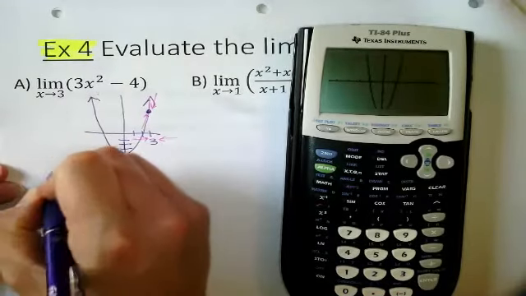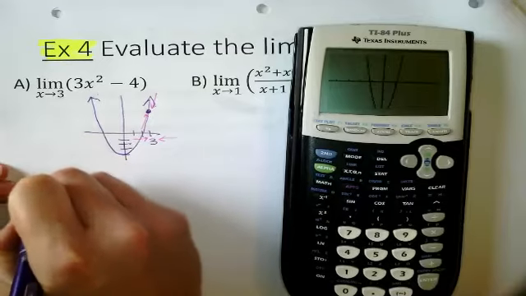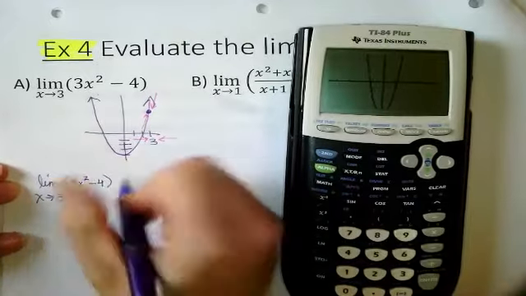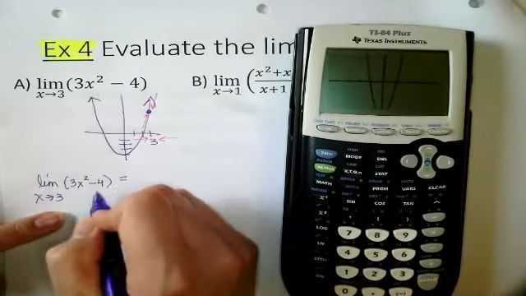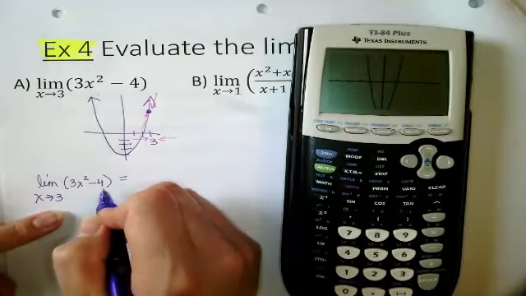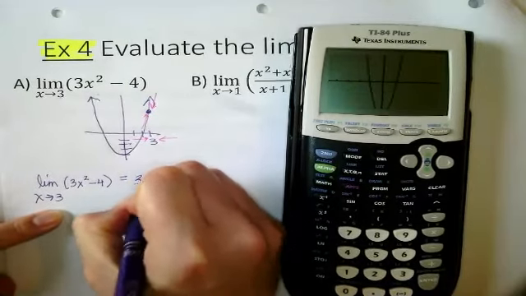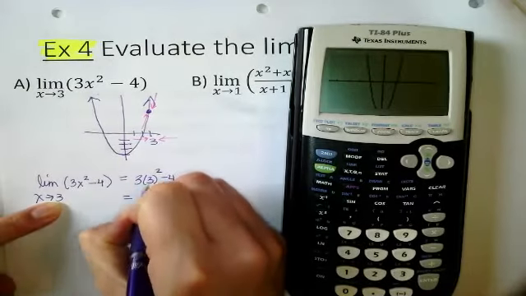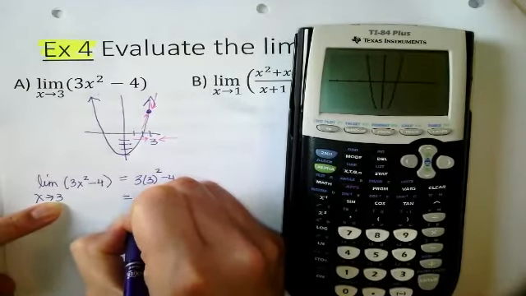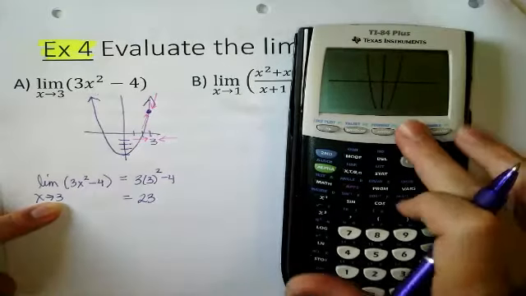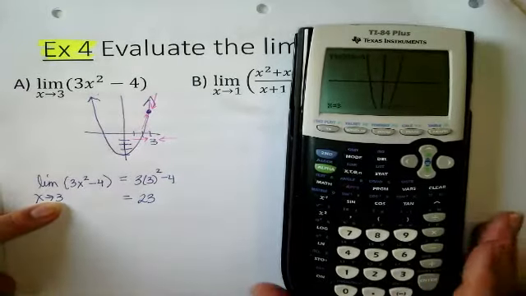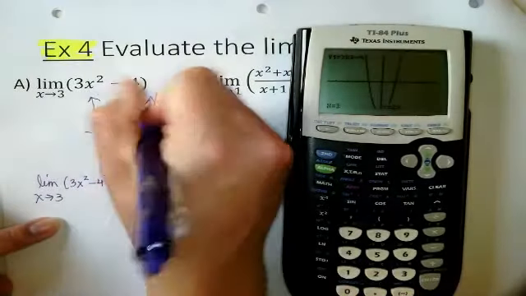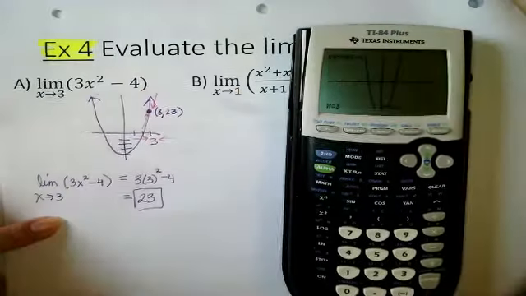So do you think that perhaps if I wanted to find the limit as x approaches 3 of this function, perhaps I just need to figure out what the output value is by plugging it in. Let's just plug in the 3. And that's 9 times 3 is 27, minus 4 is 23. I think so. So yep, 23. So there it is. It approaches 23.